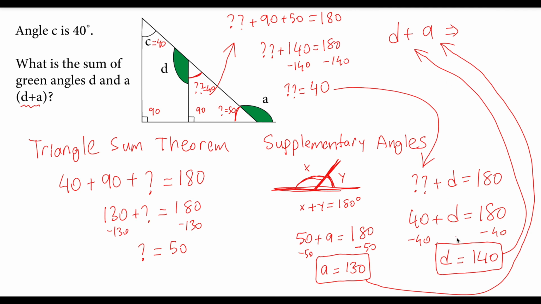So it will be 140 plus 130 must be equal to 270. So we found this result, and it is what we are looking for. D plus A is equal to 270 degrees as a result of this question, solution of this question.